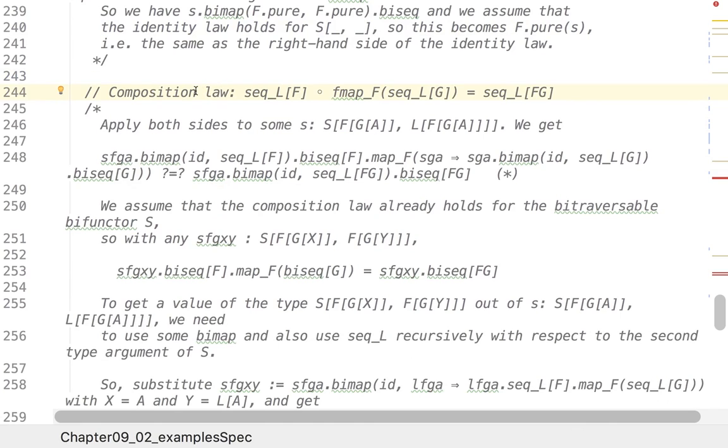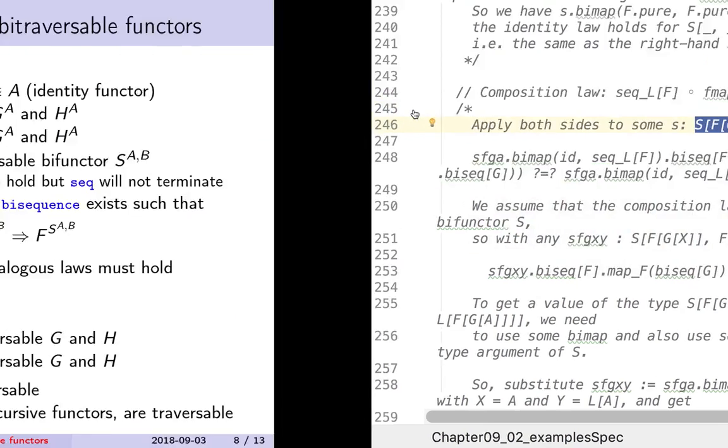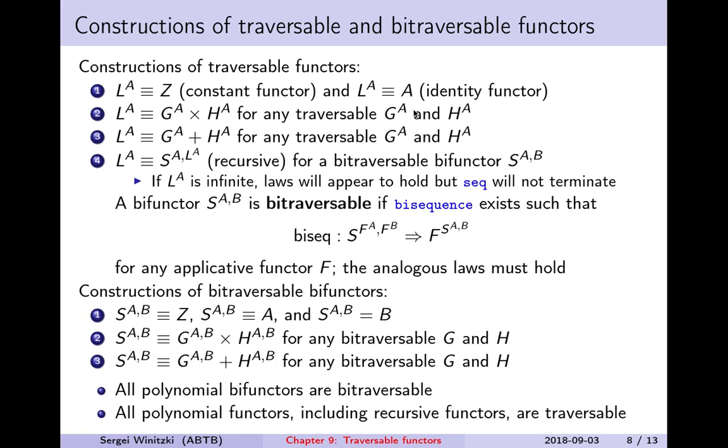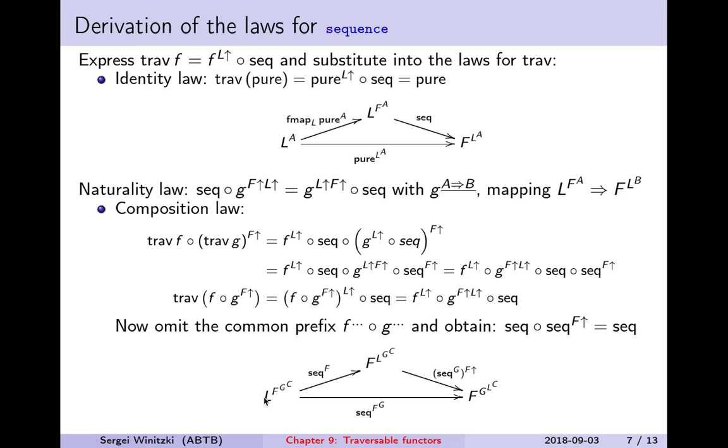Let's look at the composition law. So this is the composition law. And the law is an equation, both sides of which need to be applied to an arbitrary value of this type. Let's check. So LFGA.